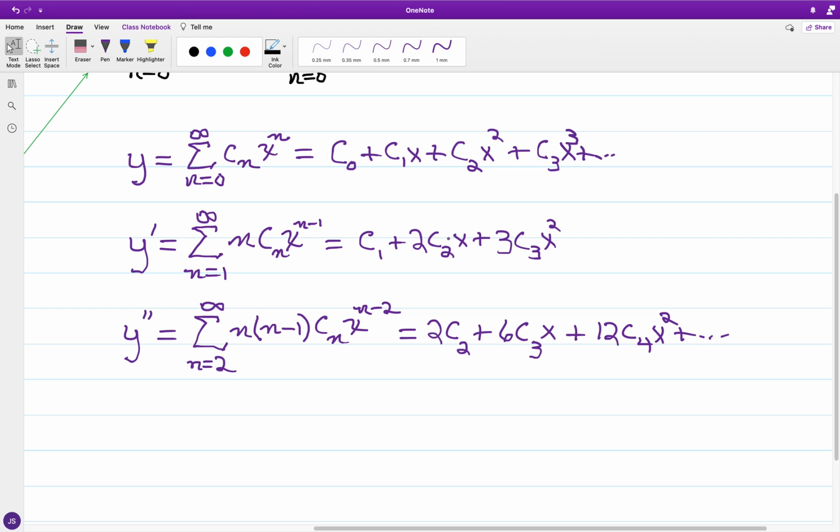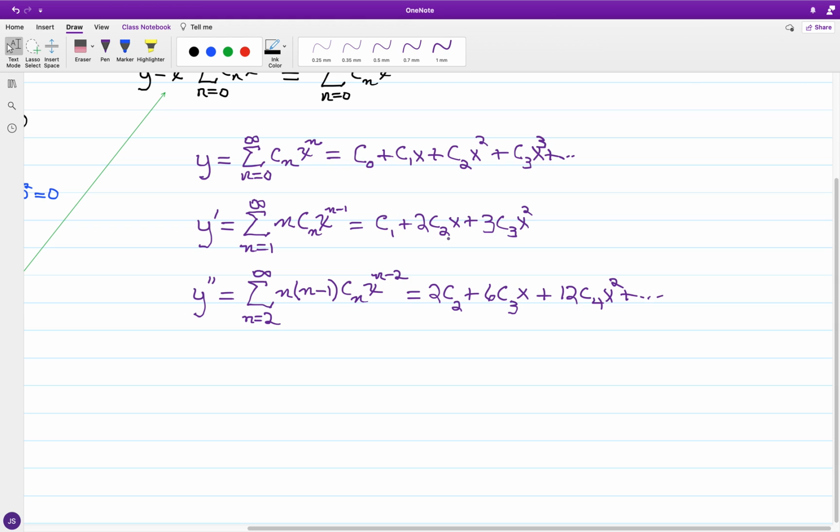Now, taking what we have with the series, again the original equation is x squared y double prime plus x y prime plus x squared y is equal to 0.